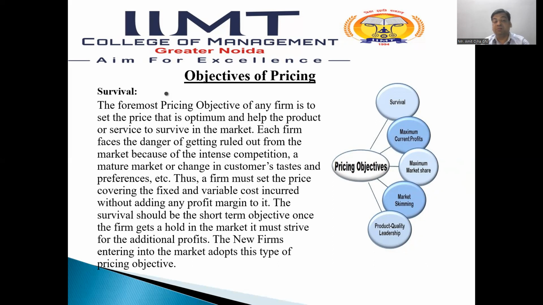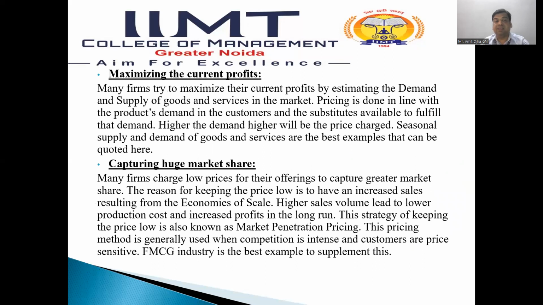Once the firm gets a hold in the market, it must strive for additional profit. The new firm entering the market adopts this type of pricing objective. The second objective of pricing is maximizing the current profit.